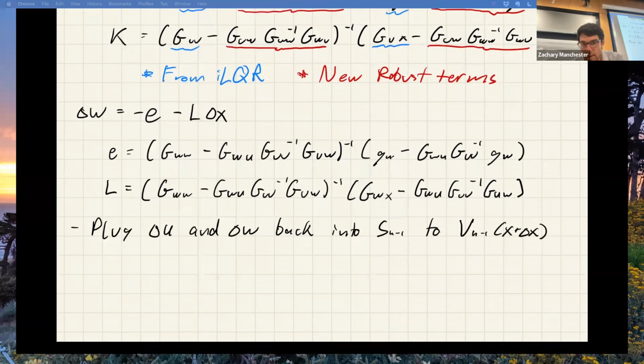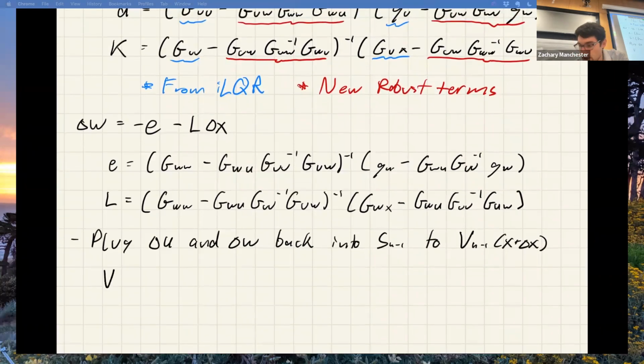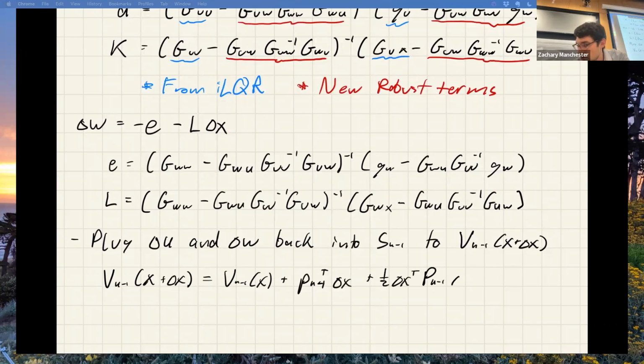So that's all the same stuff, and you're going to get a new V. We write it like we've done in the past, where the gradient is little p and the Hessian is big P. Then little p is going to be the following thing.